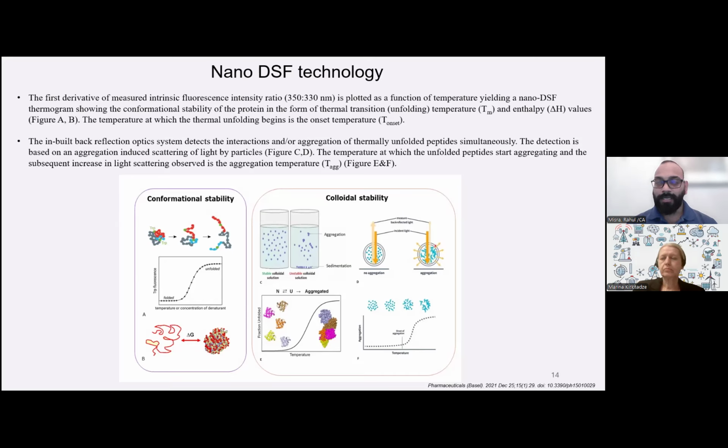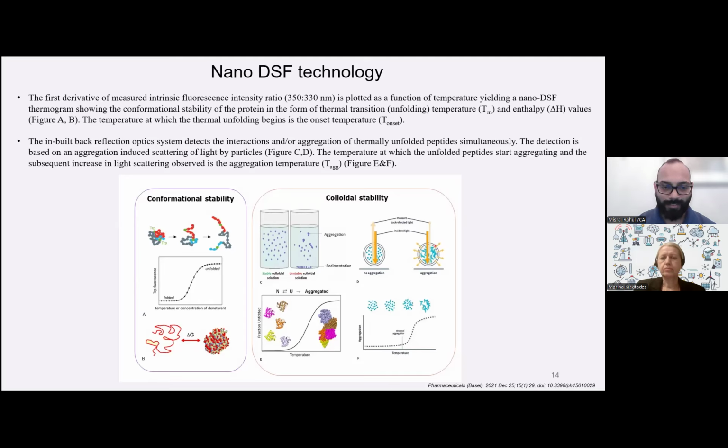And there's another advanced version of nano DSF. So there are two versions: nano DSF Prometheus and nano DSF Panta. Nano DSF Prometheus just measures your thermal transitions or thermal unfoldings, which we can also call melting temperatures. It also has an inbuilt back reflection optic system, which can measure the change in size while the thermal unfolding is happening.